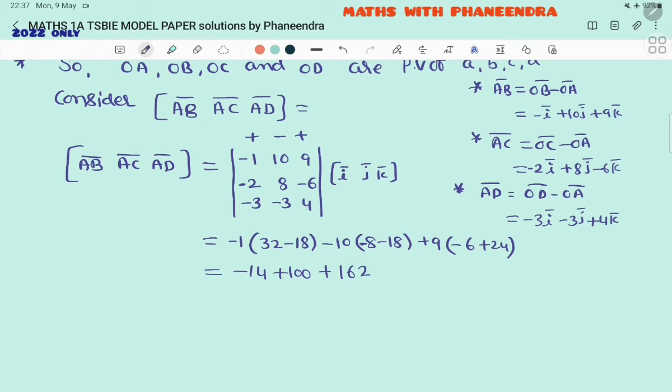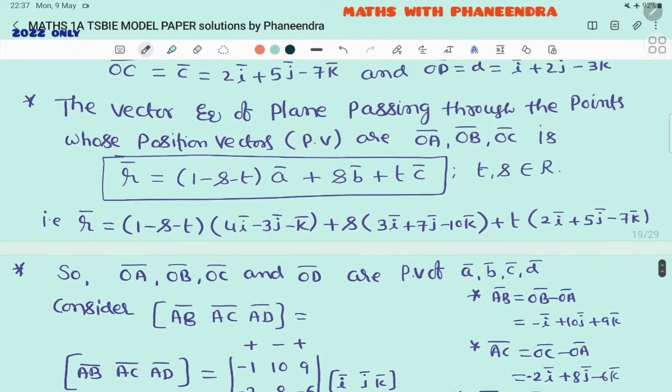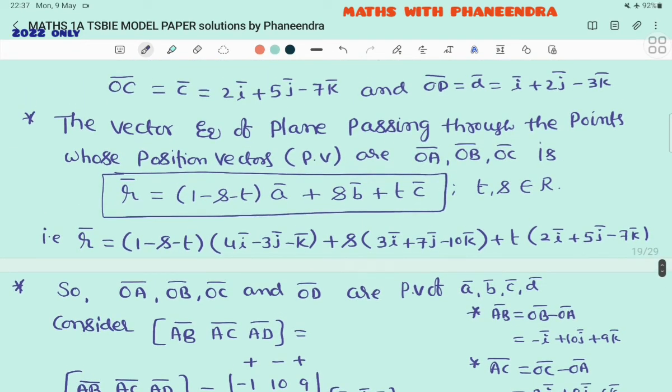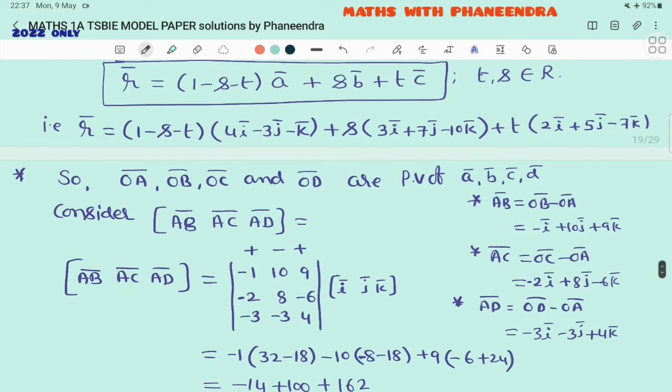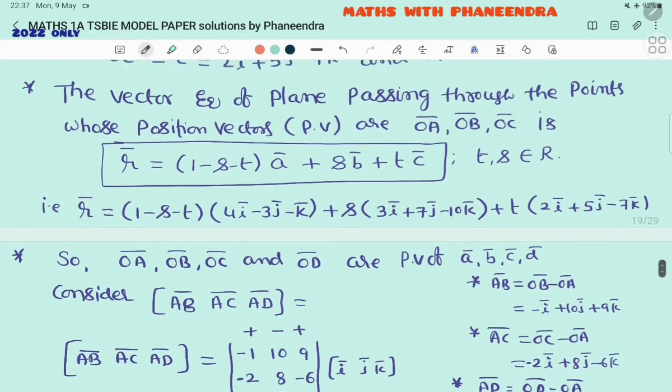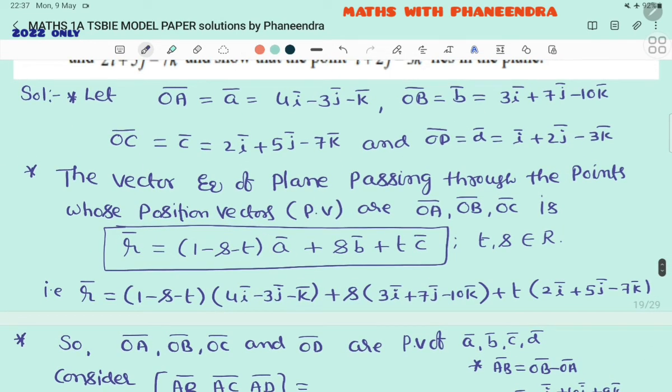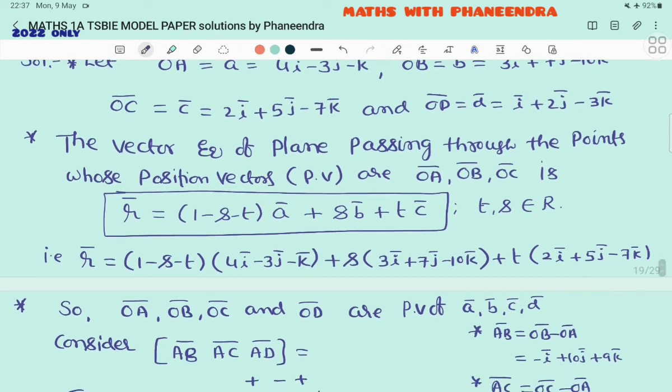AD bar also I have to check once again: OD minus OA. I minus 4 means minus 3i. 2j minus of minus 3, so plus 5j. Next, minus 3k plus k, minus 2k will come.